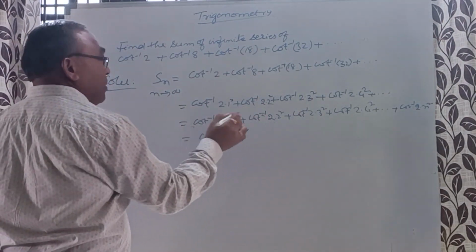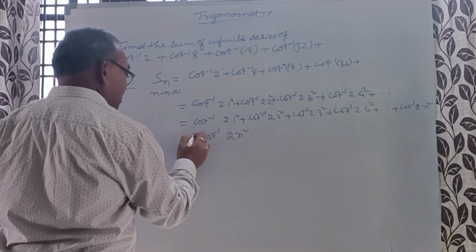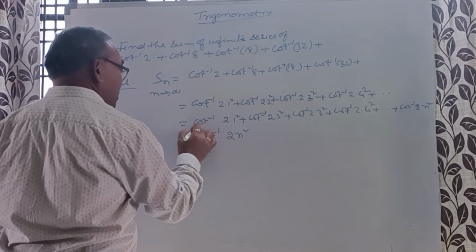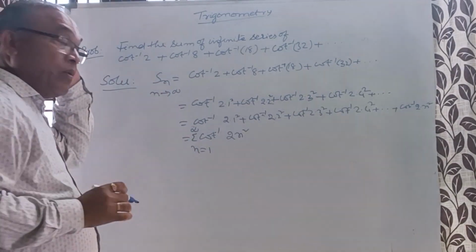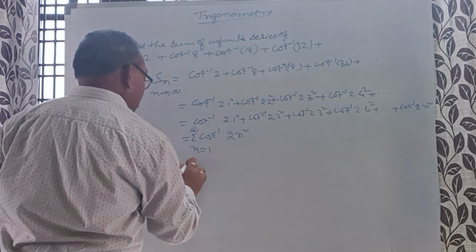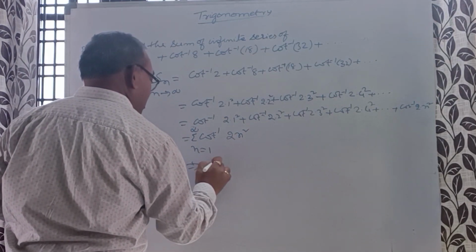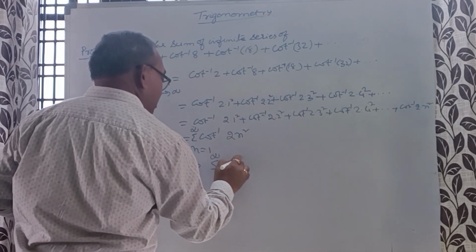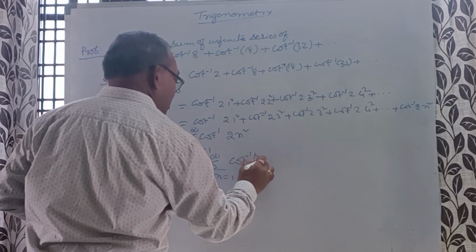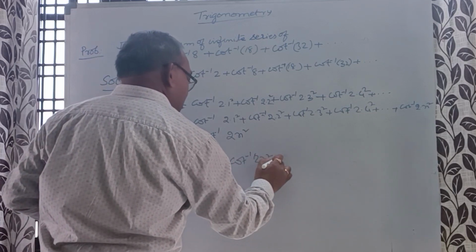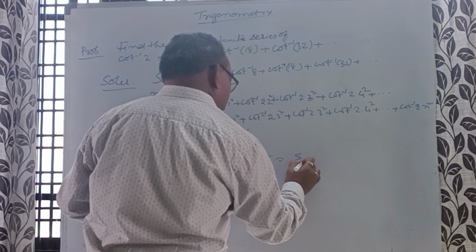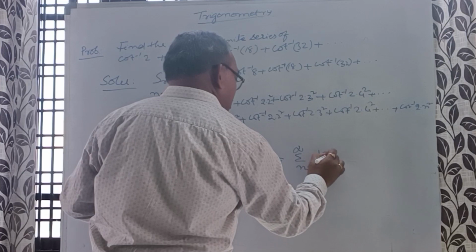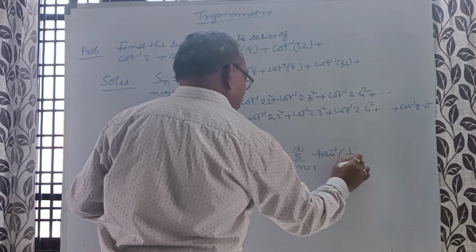This can be written as sigma, n is equal to 1 to infinity, cot inverse of 2n square, which is sigma n is equal to 1 to infinity of tan inverse of 1 by 2n square.